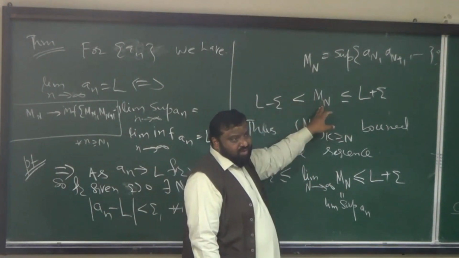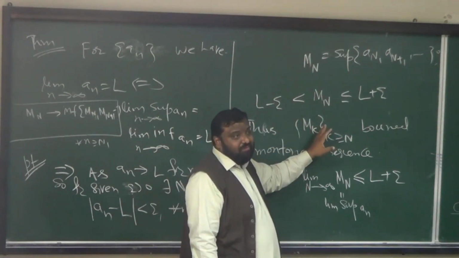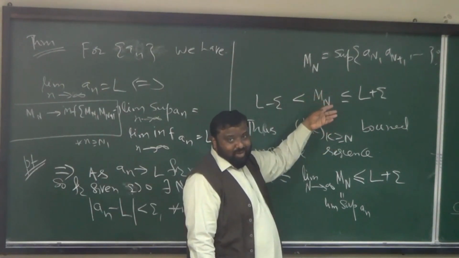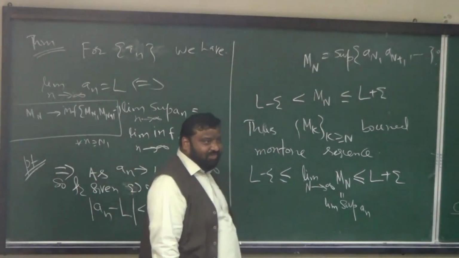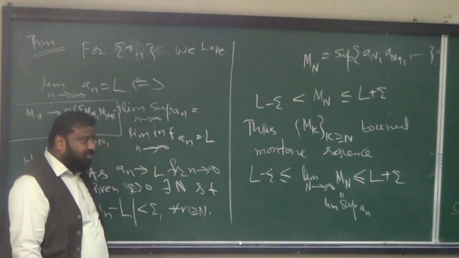The infimum is also a lower bound, but it's the greatest lower bound. So this must be bigger than or equal to L minus epsilon. Does it make sense? Right.